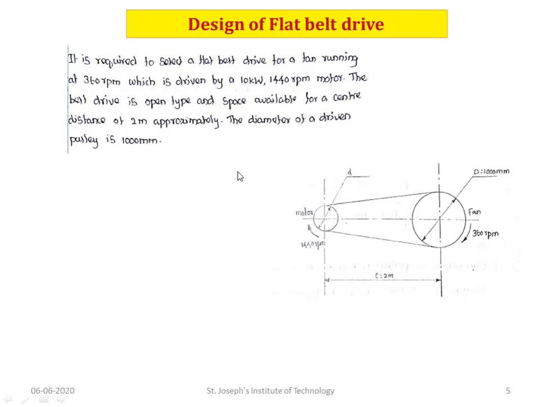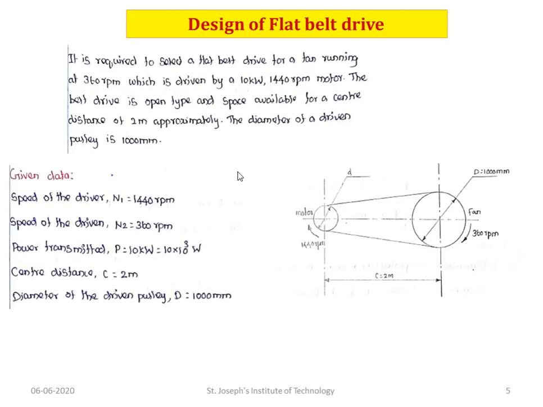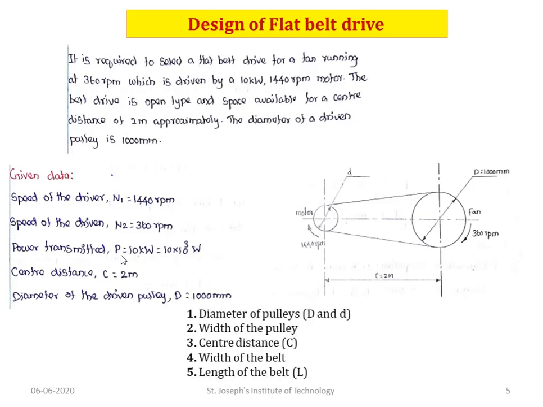Based upon the question, I have listed all the given data: speed of the driver, that is N1, speed of the driven, that is N2, power transmitted, center distance, and diameter of the driven pulley. In order to design a flat belt drive, we need to find these 5 data: diameter of pulleys, that is D1 and D2, width of the pulley, center distance, width of the belt, and length of the belt.